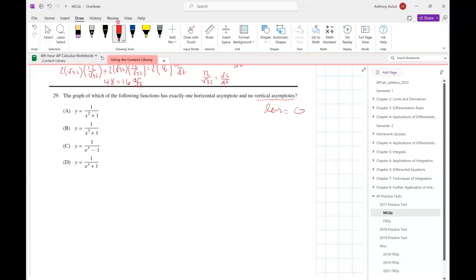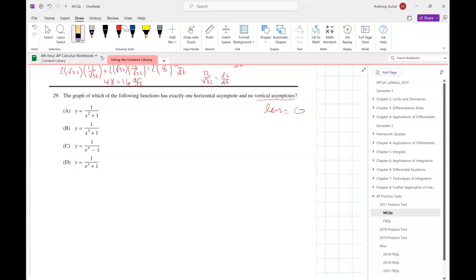Which one of these cannot equal 0 in the denominator? A has no solution because x squared plus 1 equal to 0 has imaginary results. And D, because e to the x equals -1, and exponentials can't equal a negative value.